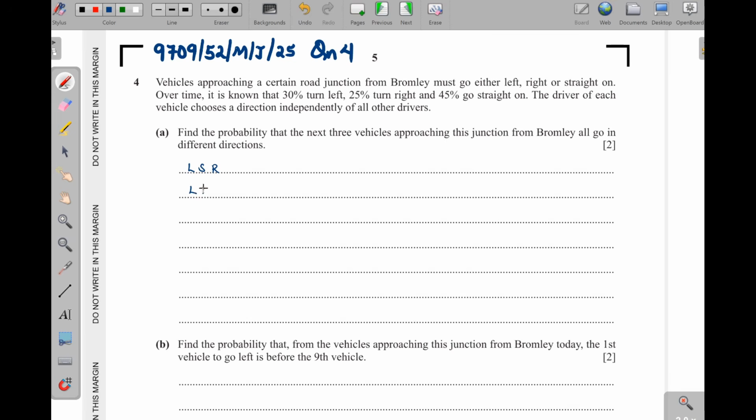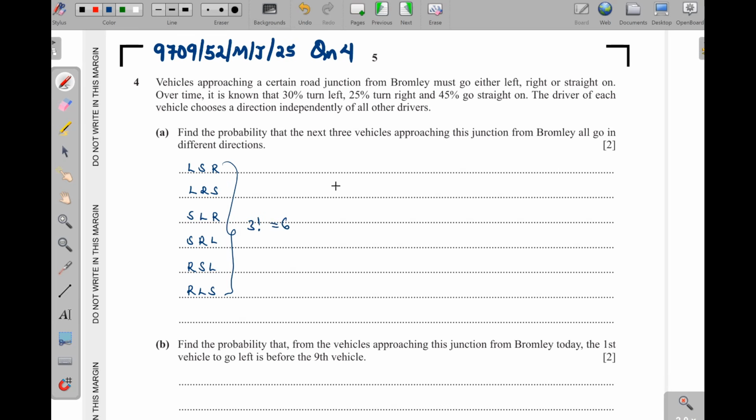Then left, right, straight. Then straight, left, right, straight, right, left. And then we can have right, straight, left, then right, left, straight. This one here is giving us 3 factorial, which is equal to 6 outcomes.